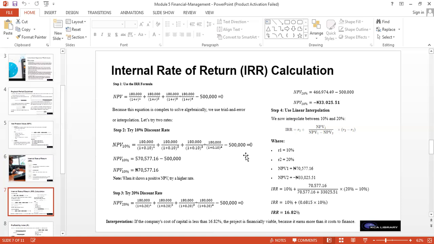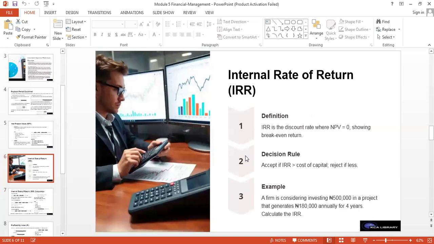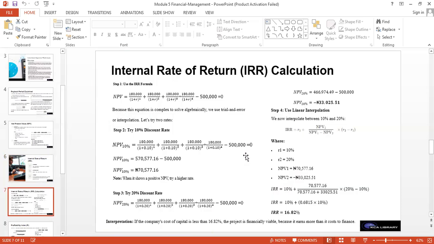First, we try a 10% discount rate. At this point, we have a 500,000 investment and it generates 180,000, so we place the 180,000 there and the 500,000, just like you see.